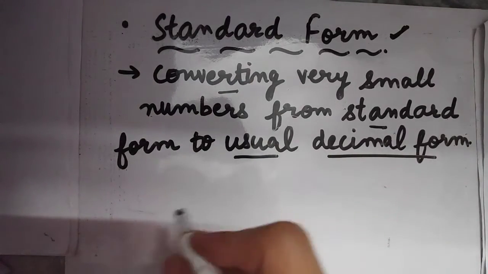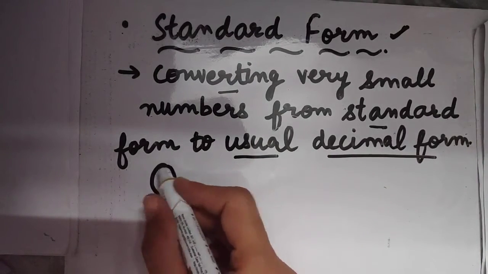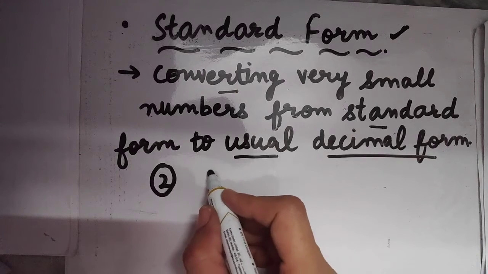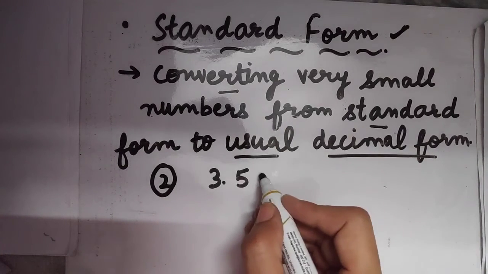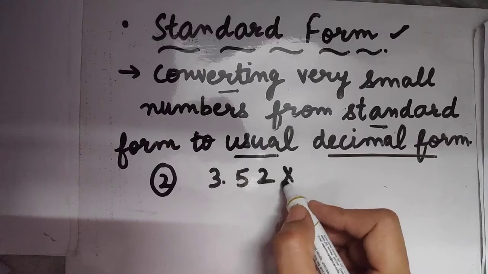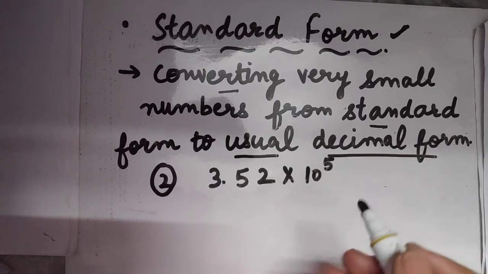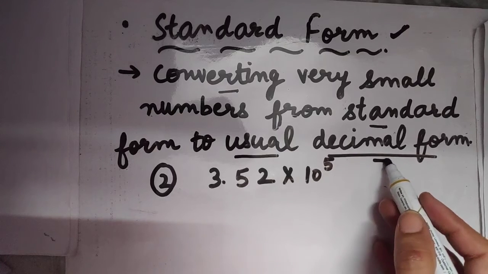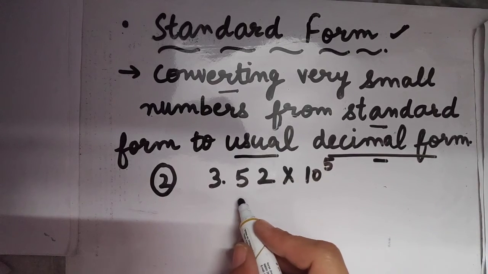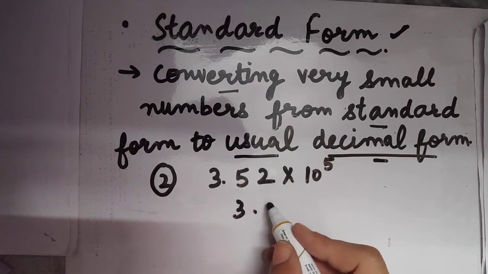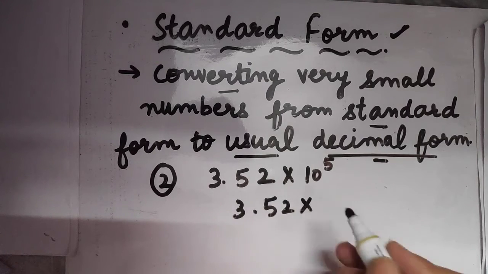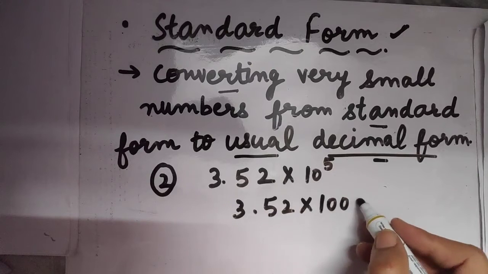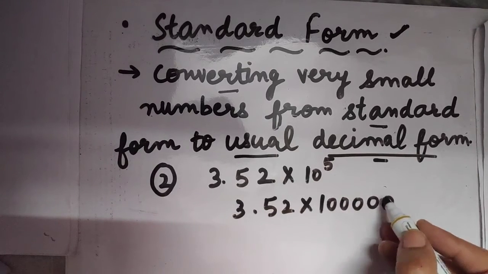Let us take another example, that is example number 2. This is 3.52 into 10 raised to the power 5. This is being given to us in the standard form and we need to express it in usual form. So this will be written like this. It will be 3.52 into 1, 2, 3, 4 and 5.